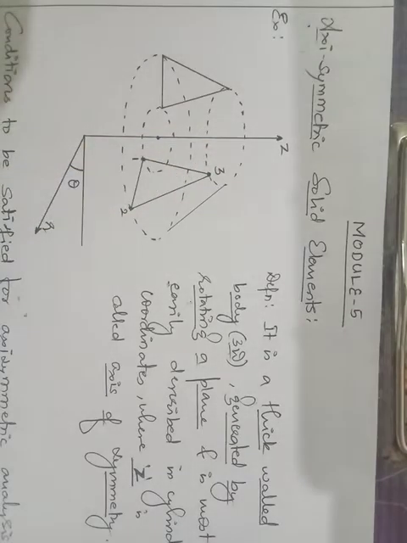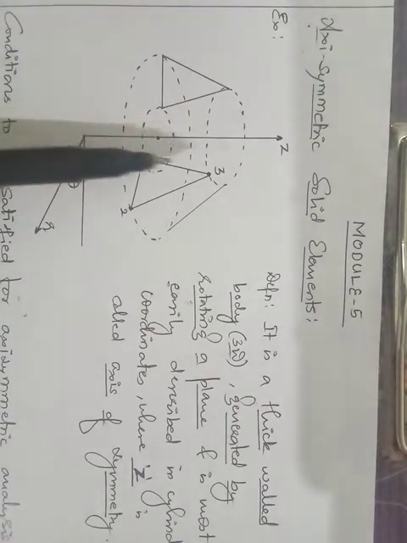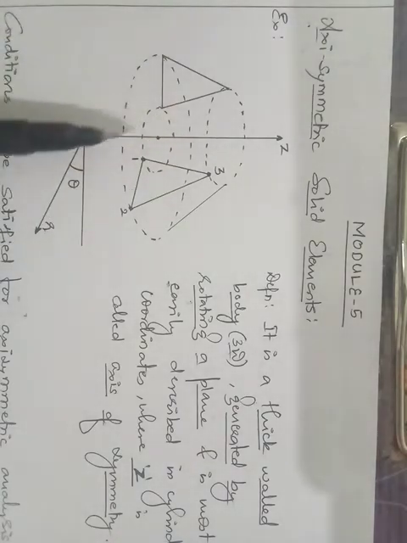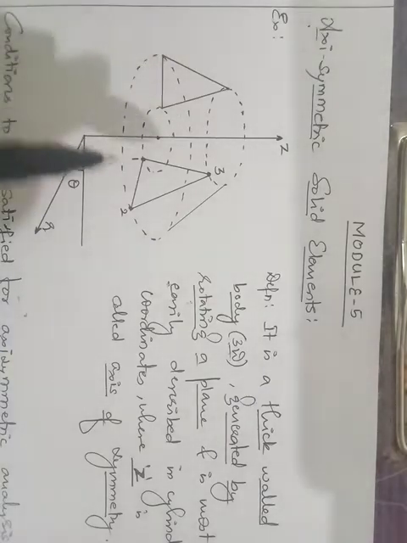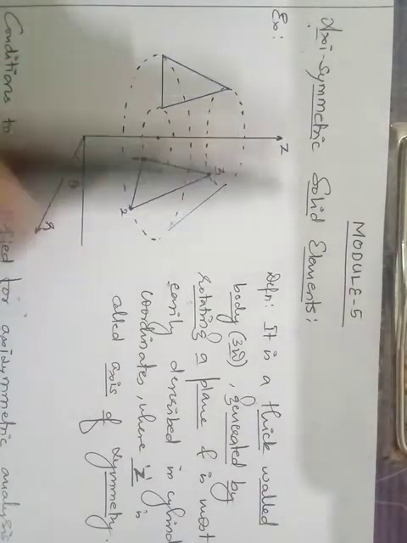If this triangular element is going to revolve with respect to this Z axis, then this entire frustum of cone will be formed. Such kinds of elements we call axisymmetric solid elements.